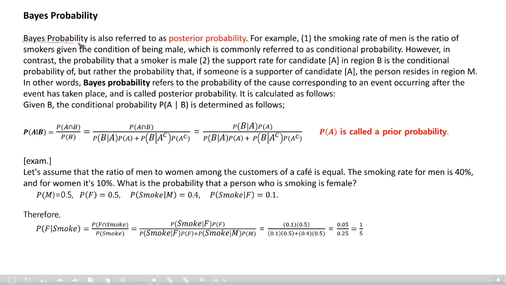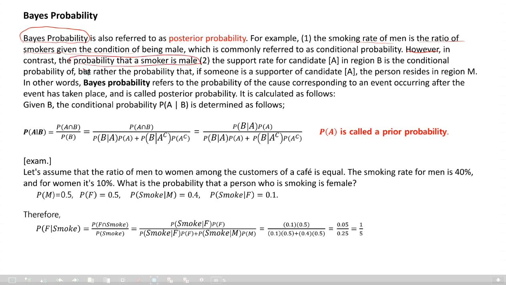Bayes probability is a strange probability for beginners. It is also referred to as posterior probability. For example, the smoking rate of a man is the ratio of smokers given the condition of being male, which is commonly referred to as conditional probability. However, in contrast, the probability that a smoker is male: smoking is given, and what is the probability of being male?